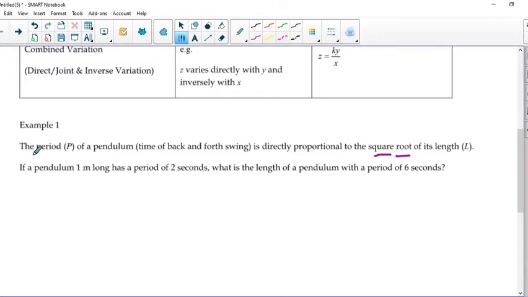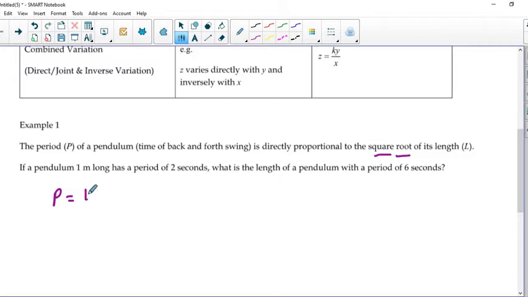So the first thing I want to do is create an equation with the very first sentence. The period of a pendulum is directly proportional. The word "is" tends to tell me that I want to have an equal sign. It is directly proportional to the square root of its length.